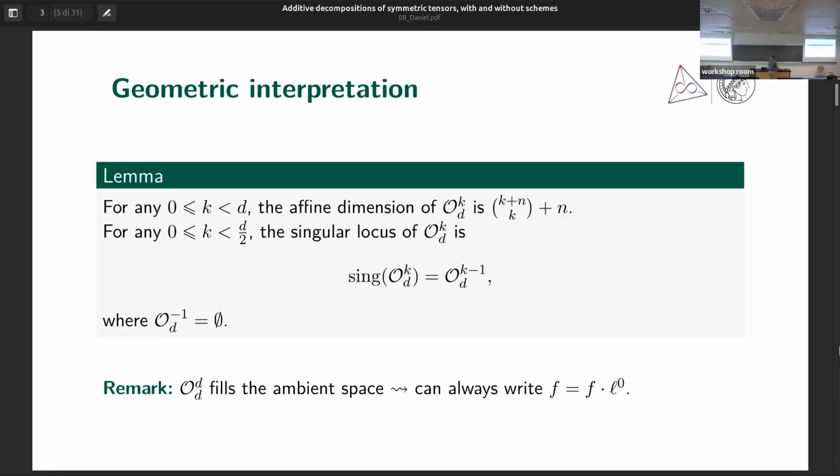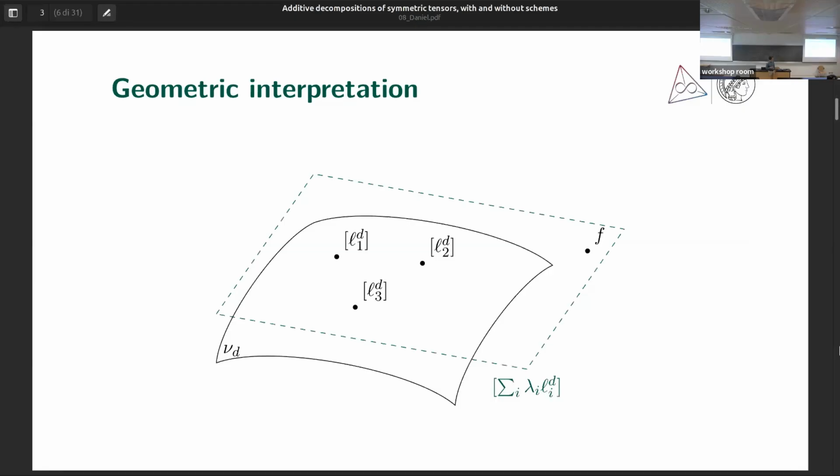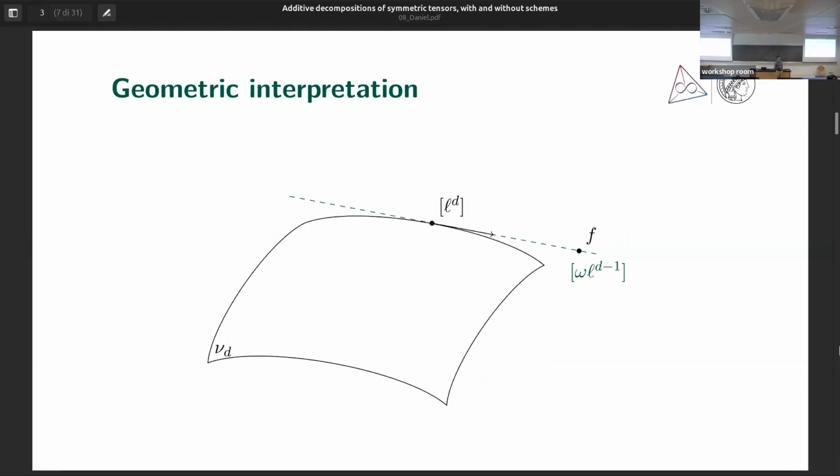Of course, some will be better than others, and this work will be about finding the best ones. And the final geometric interpretation, as I said, is that you may think of this as a generalization of the Waring decomposition problem. So instead of spanning F by powers of linear forms, you can also use tangency directions or higher osculating directions.